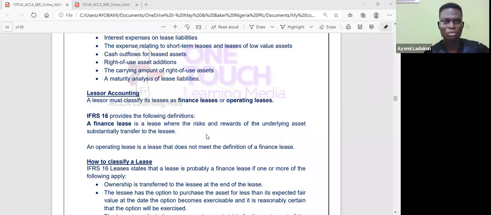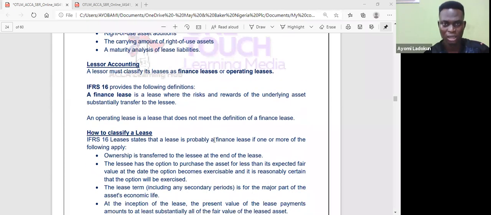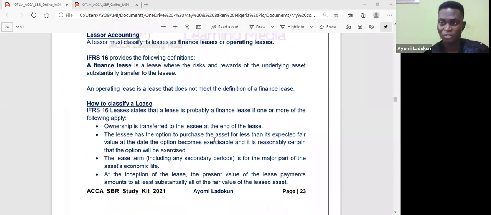Now let's go to lessor's accounting. It's very straightforward. The lessor must classify the lease in his own books as either a finance lease or an operating lease. What makes a finance lease?